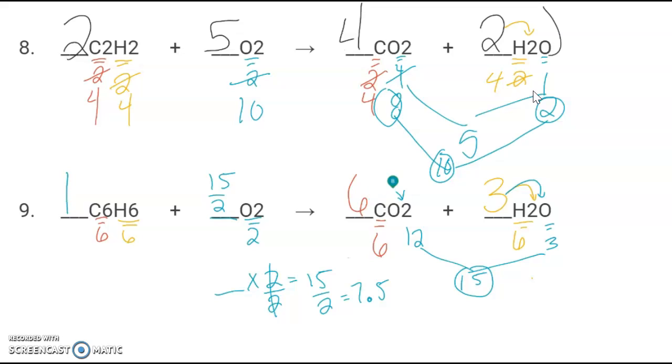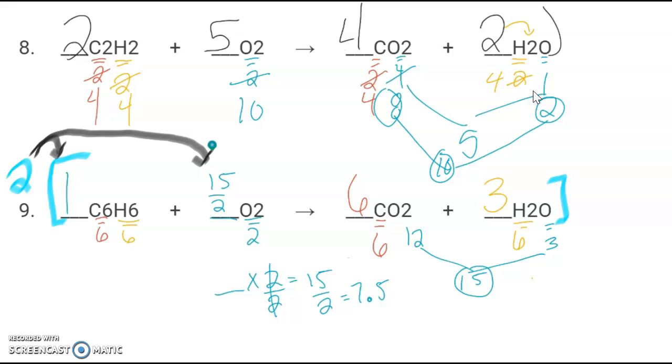So what we need to do next is to get rid of that fraction. We don't like fractions, we don't like decimals, we like whole molecules. So we are going to multiply the entire thing by 2. So that's going to be 2 times 1, 2 times 15 halves, times 6, and 2 times 3.